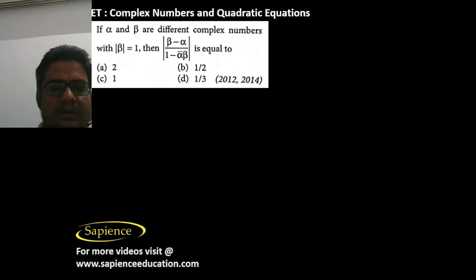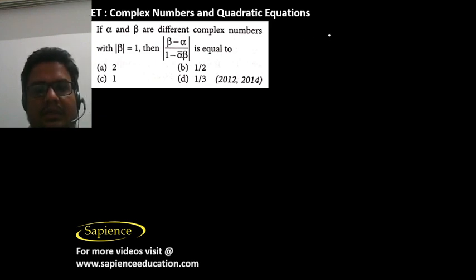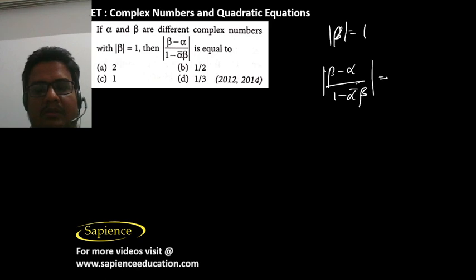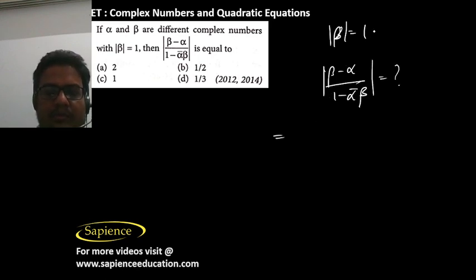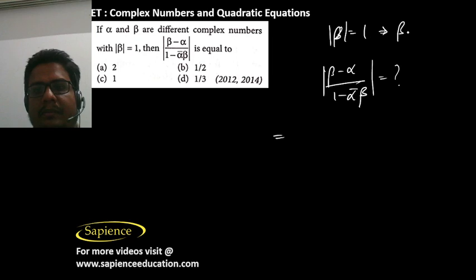Then here it is told that if alpha and beta are different complex numbers with mod beta equal to 1, then mod of beta minus alpha by 1 minus alpha bar beta is equal to how much? So mod of beta is equal to 1. We know that beta into beta bar is equal to mod beta square.